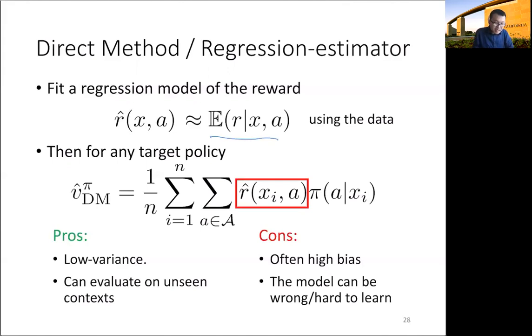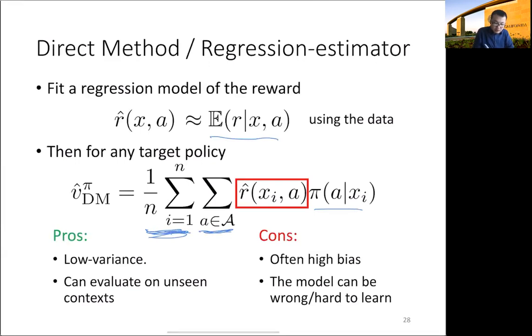And once I have this, I can plug it into the formula for calculating the value of a new policy pi by going over all the observed contexts, trying out all possible actions in the action space, and then assigning the probability of choosing those actions.